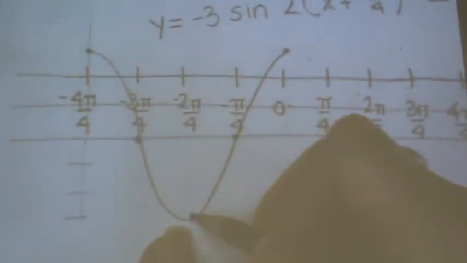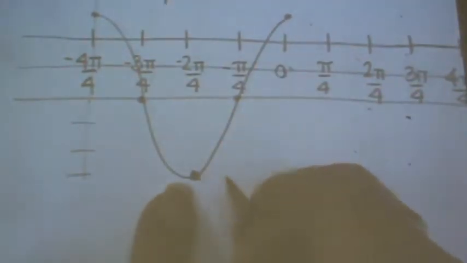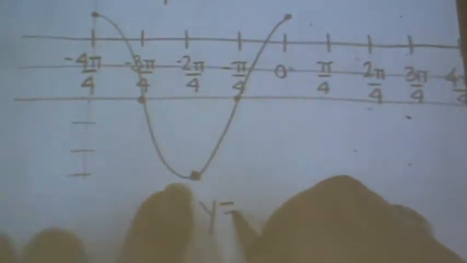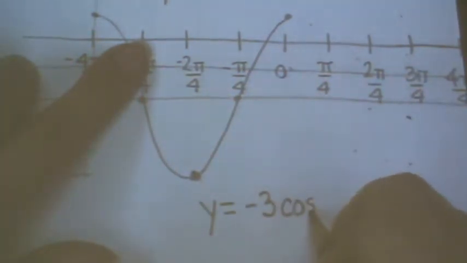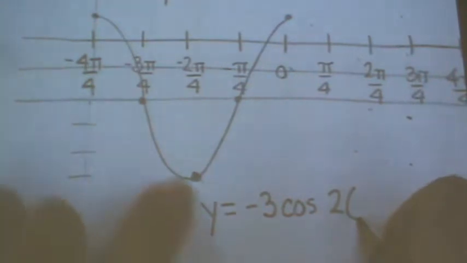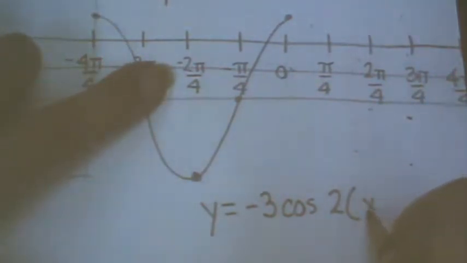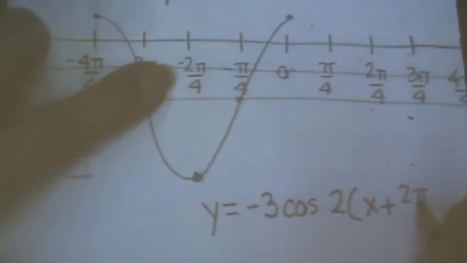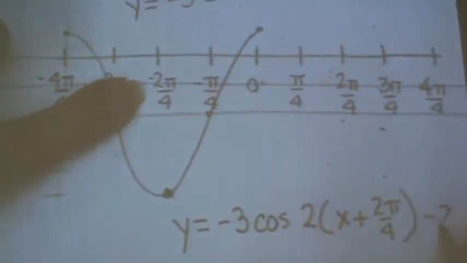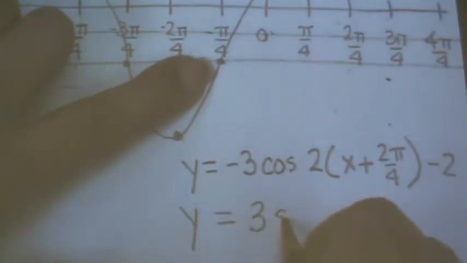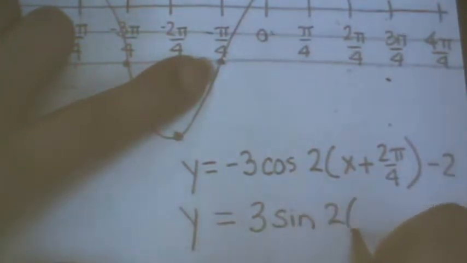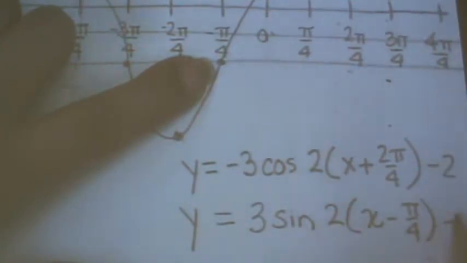If I started right here, this equation would be y equals negative 3 cosine 2, and then if I started here, x plus 2 pi over 4 minus 2. If I started right here, this would be y equals 3 sine 2, and then x minus pi over 4 minus 2.